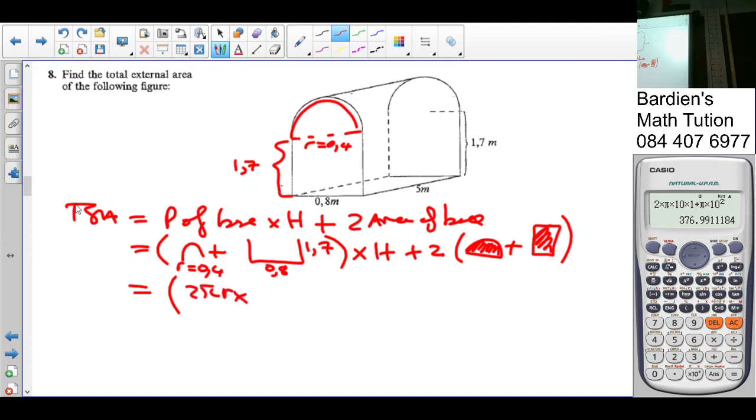Since it's semi, I multiply it by a half, plus 2 lengths and a breadth, times the depth of this object, plus 2.